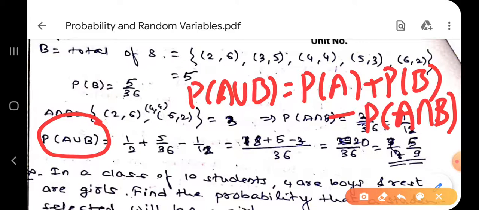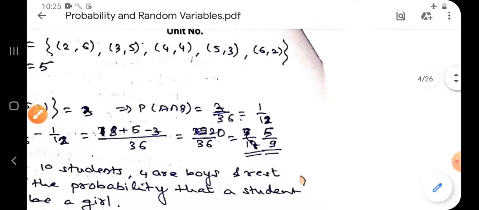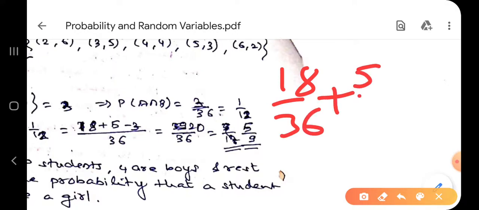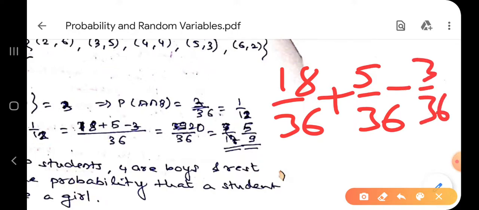P of A is 18/36, I am writing this side. 18 upon 36 plus P of B, 5 upon 36, minus 3 upon 36. If you solve this you will get 20 upon 36. Keep it as it is, or you may write 5 by 9, no problem.